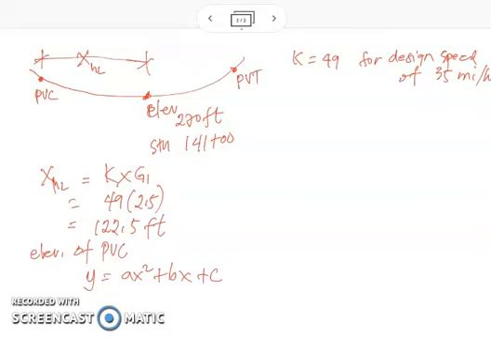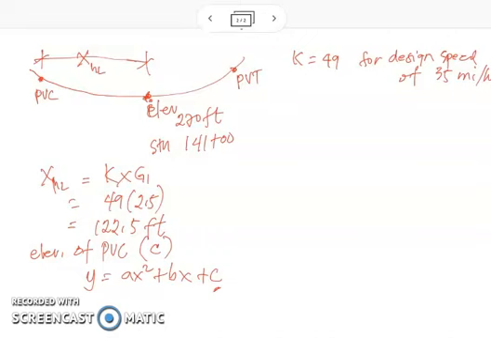Our x here is the distance of the lowest point, since we will be using the lowest point on the curve. So we have now the elevation of the curve, we have the distance of the lowest point from PVC, and our C is the unknown, which is our elevation of PVC. C refers to the elevation of PVC.